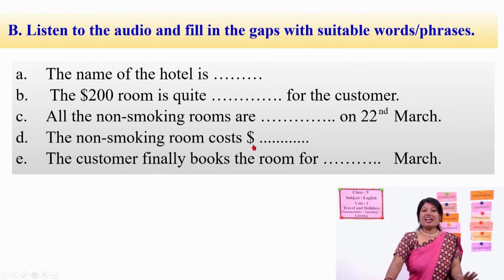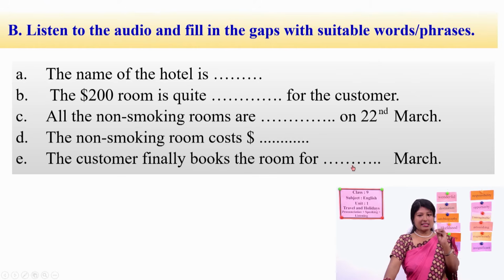Okay, and number E, the customer finally books the room for that March. So the exact date, the date for which the room was fixed. You have to write the date over here. Okay, March, the fixed date you have to write over here.